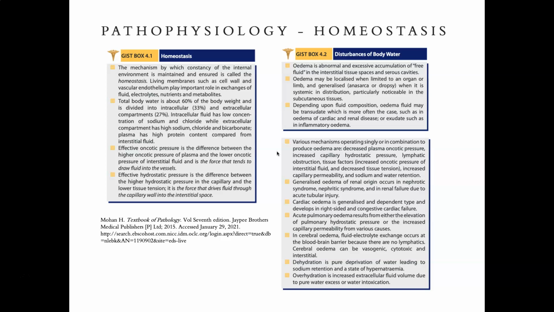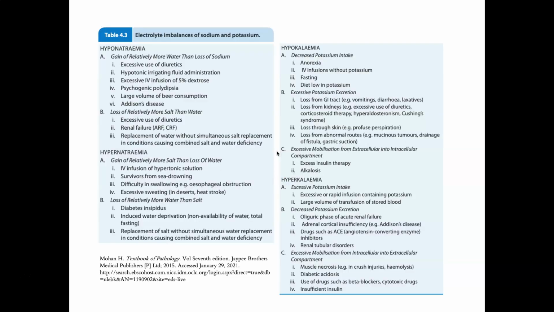And it can indicate what's wrong when you start looking at someone's electrolytes and their water balance and whether they're dehydrated, overhydrated, underhydrated, or correctly hydrated. So hyponatremia, hypernatremia, hypokalemia, and hyperkalemia. These are 4 major conditions you will run across when you're coding.